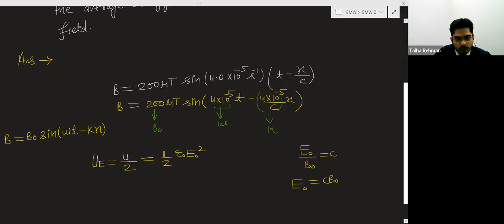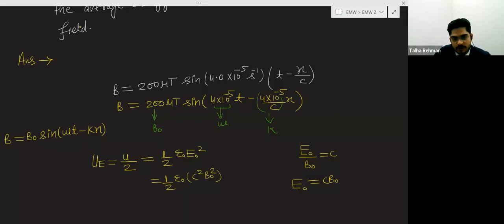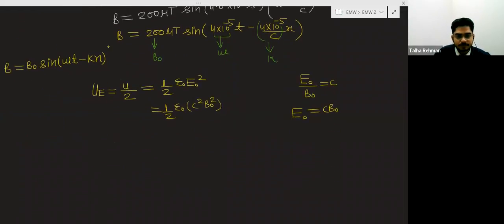So this will be half epsilon naught c square into B naught square. Now put all the values. Epsilon naught is equal to 8.85 into 10 to the power minus 12.